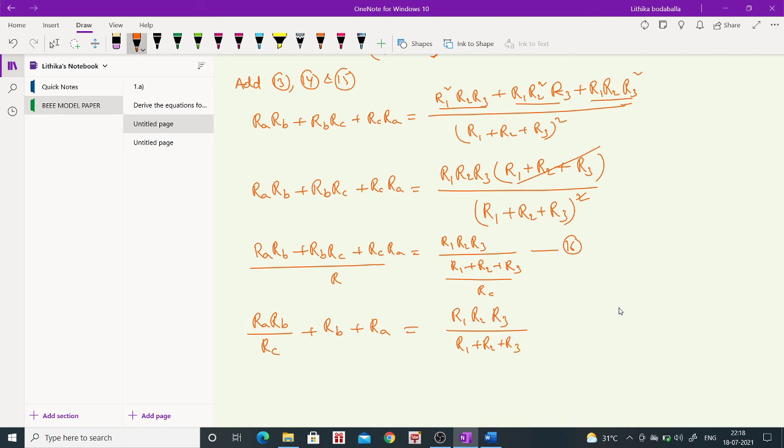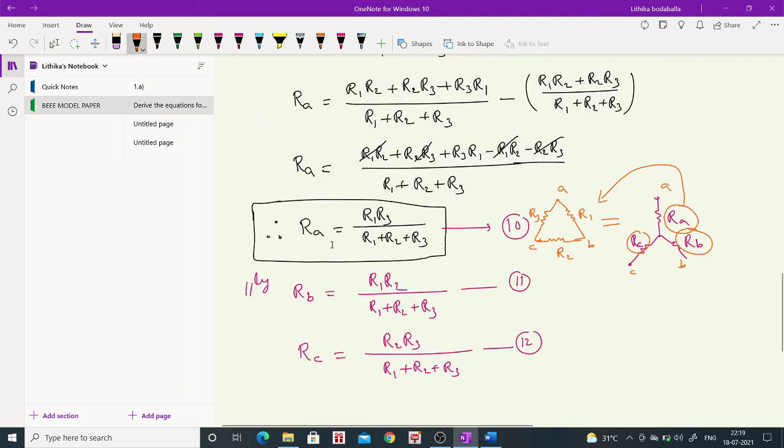See, A by B by C by D can be written as A by B into D by C. So like this, I will get RC by 1, so it will become 1 by RC. So in place of RC, from equation 12, I can write R2 R3 by R1 plus R2 plus R3.